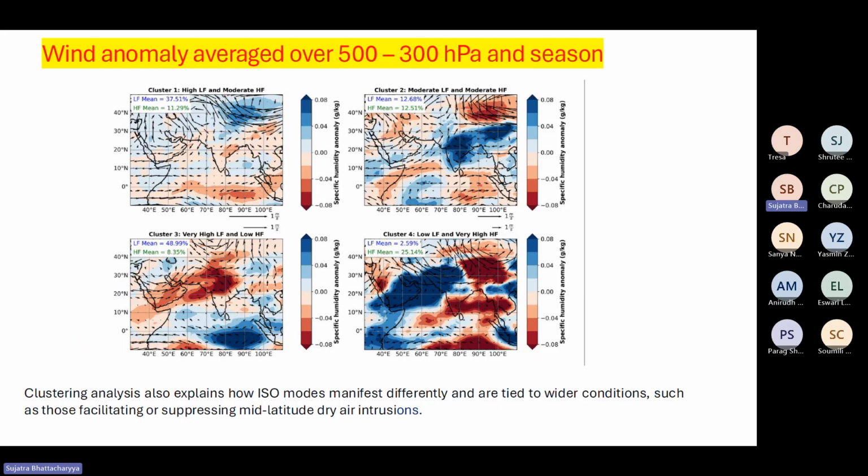And the wind is southeasterly in this region, along with the negative anomaly of specific humidity, which leads to the intrusion also. So LF and HF ISO manifest differently in different years and could be tied to wider conditions such as mid-latitude intrusions.